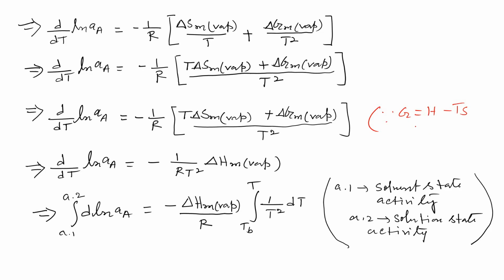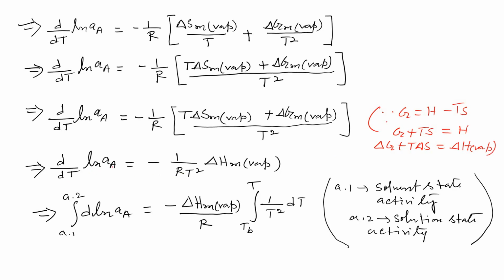G plus TS, we can write it as H, that is enthalpy. So delta G plus T delta S, that we can write as delta H vaporization. Okay, that only we have written here.